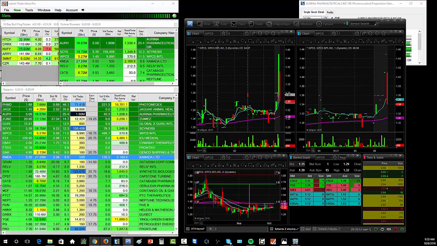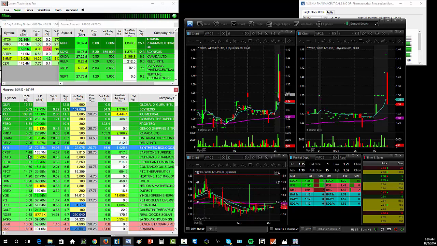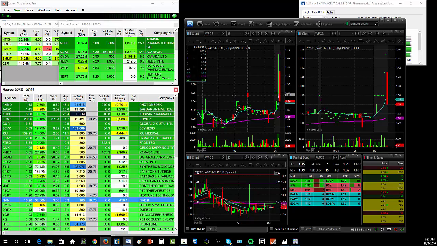I mean, that sounds like an interesting headline. But again, hard to really know if that's going to give this one momentum. So I'll just say WPCS 4. Where'd it go? Oh, see, now it just popped off the scanner. Just moved out of the way because it's no longer gapping up enough. So, all right, well, whatever.